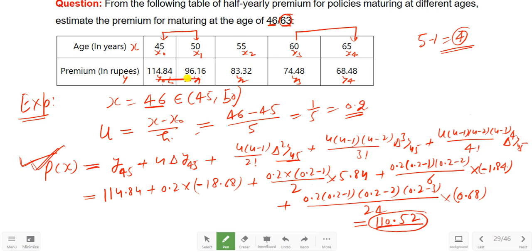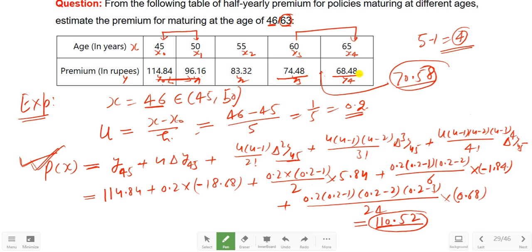Similarly, we obtain the premium at the age of 63 years as 70.58, and this 70.58 lies between 74.48 and 68.48.